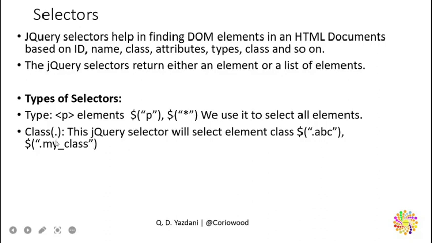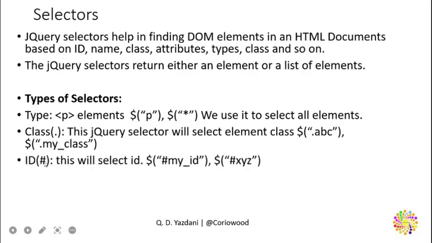For a class, we put a dot. When you see this dot, that's a class. So this jQuery selector will select elements with the class, for example dollar sign dot ABC. Keep in mind, we put this dot, then whatever your class name is.